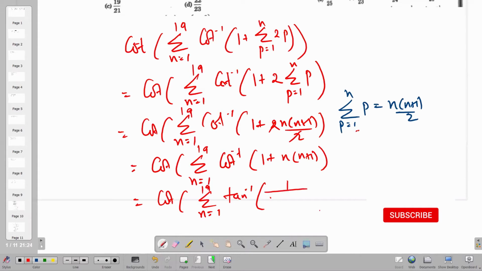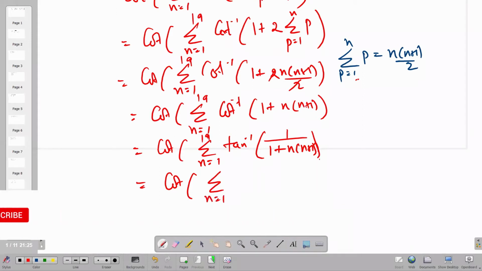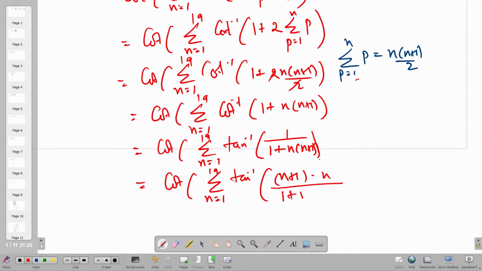So I just replace it by the reciprocal. Further I can rewrite this as cot of sigma n from 1 to 19, and I can replace this numerator by n plus 1 minus n, which is 1. After solving we get 1 here.